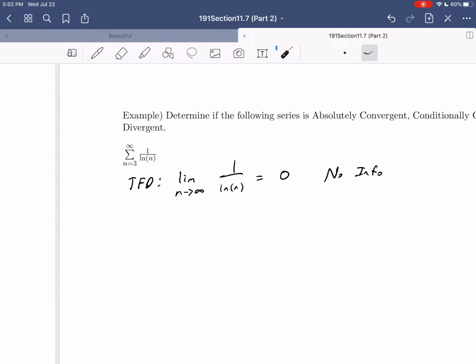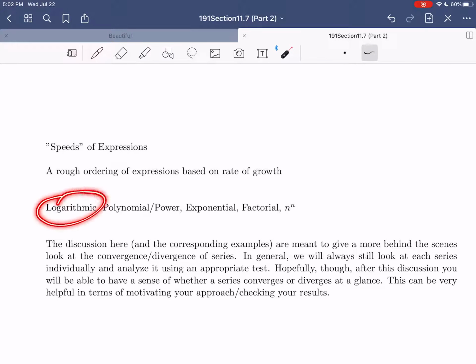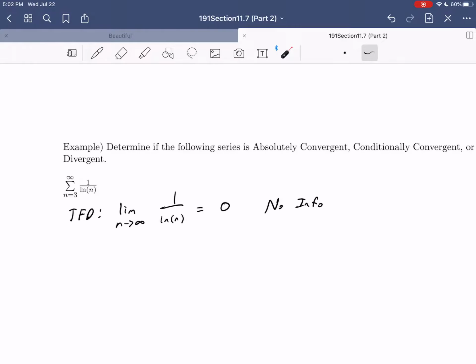Like what we just said, the logarithmic expression is the absolute slowest of the basic expressions that we encounter. So while this is growing, we don't expect it to go very quickly. If this had been 1 over n, this thing would still diverge because it would be the harmonic series. And this 1 over ln of n is going to 0 even more slowly. So we anticipate that this thing will diverge.